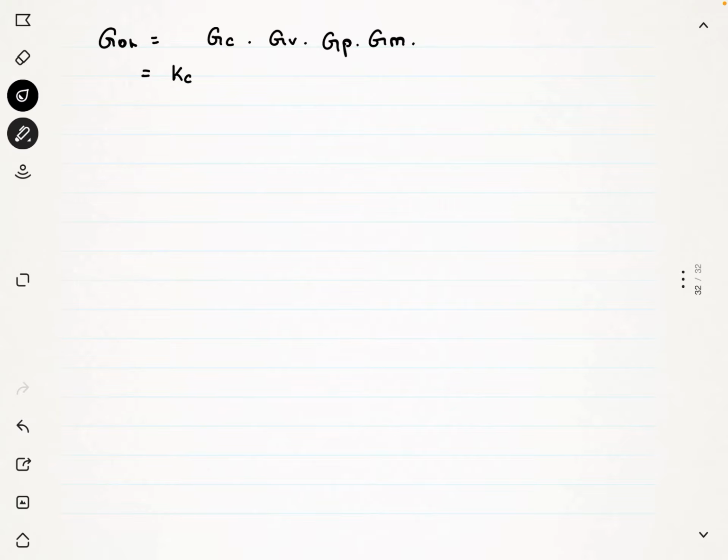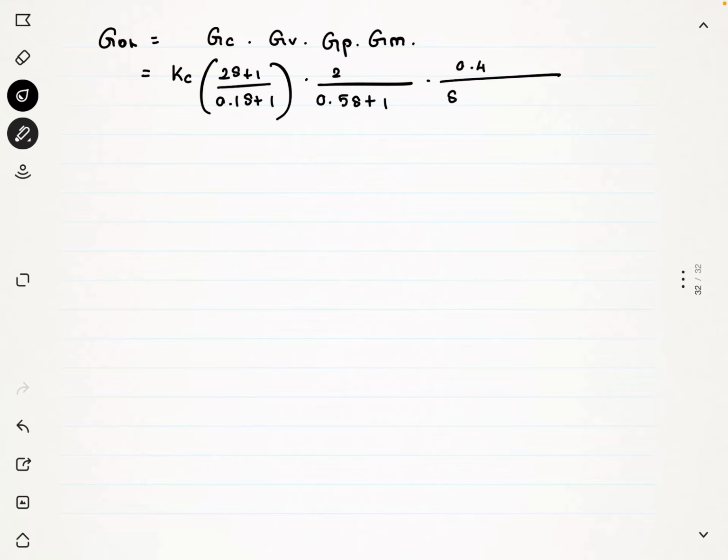Kc into (2S plus 1) by (0.1S plus 1); GV, 2 by (0.5S plus 1); and then GP, 0.4 by S into (5S plus 1).